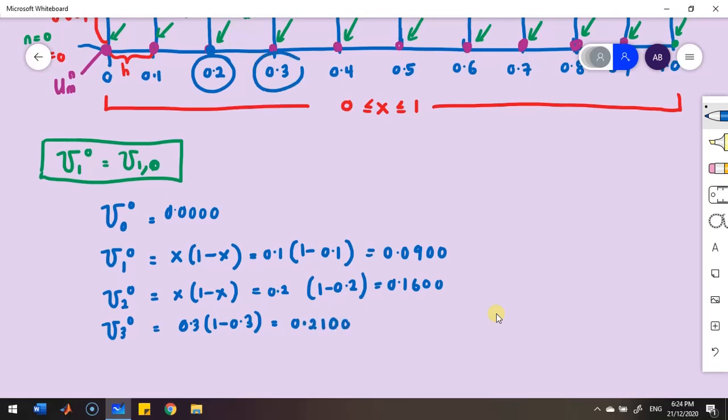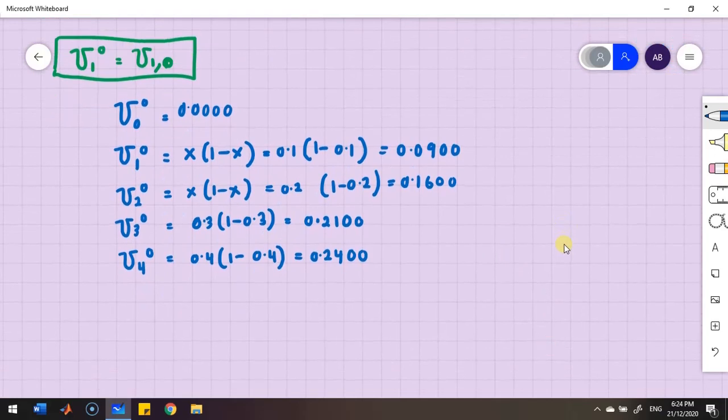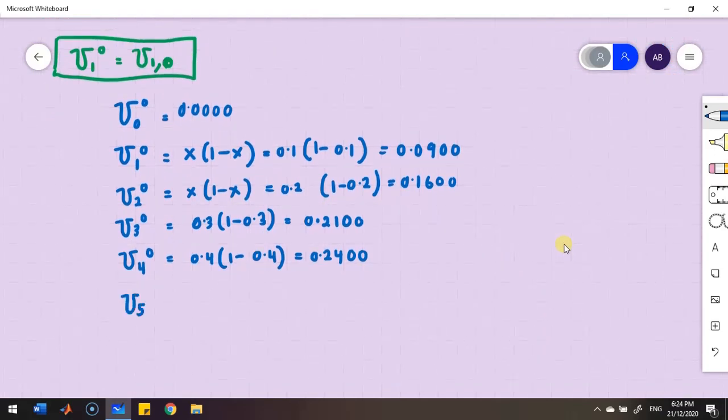Now I'm going to look at 0.4. 0.4 times 1 minus 0.4, which is 0.6. 6 times 4 is 24, so 0.2400. Then you have 0.5 times 1 minus 0.5, which is 5 times 5, 25, so 0.2500.